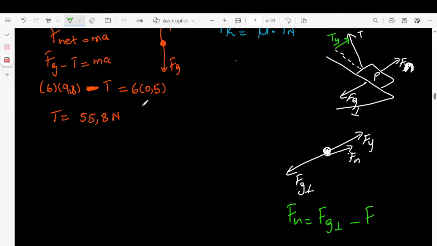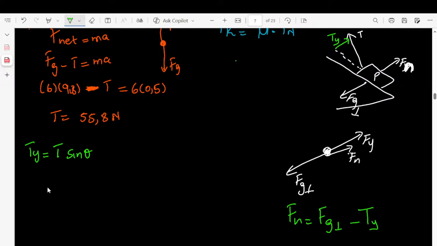So we're going to call it Ty. So what we're trying to say is that the normal force here will be Fg perpendicular minus Ty. And we know that Ty is equal to the tension times the sine of theta.